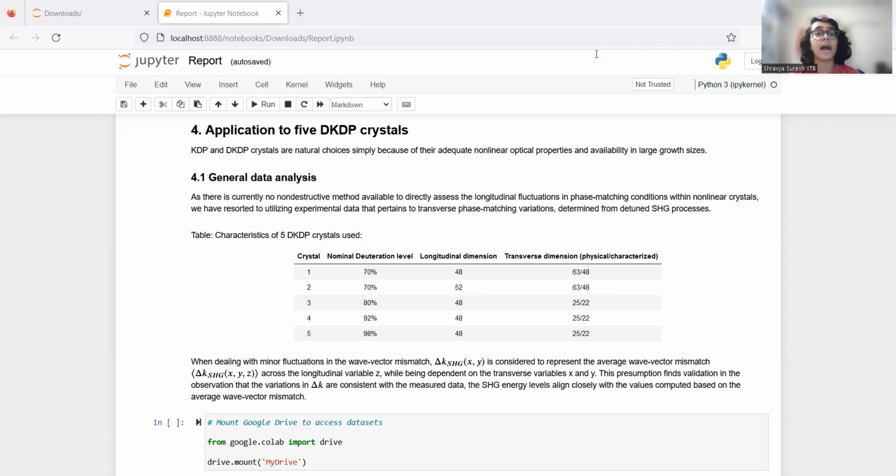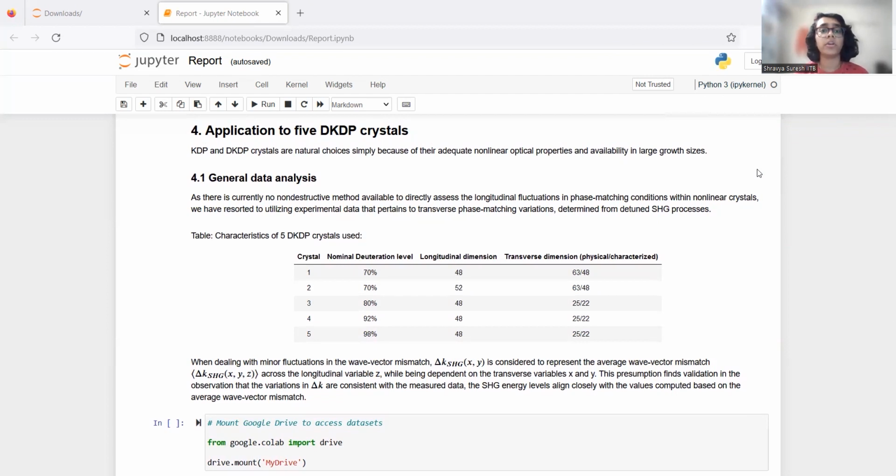Frequency conversion of high energy laser systems is based on large aperture potassium dihydrogen phosphate and its partially deuterated isomorphs, which are DKDP crystals. KDP and its isomorphs are currently the easiest crystals to grow at very large apertures as required in this paper, and they possess the required local variations in deuteration level. So all of these properties make them suitable to be utilized in this paper.